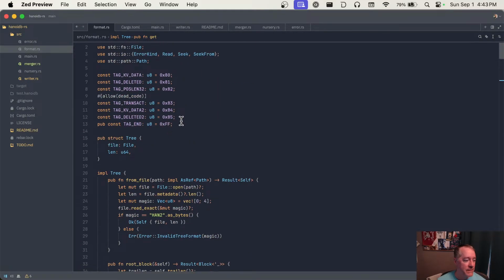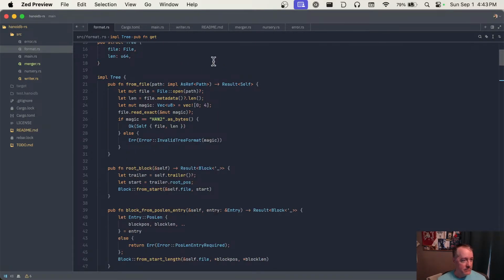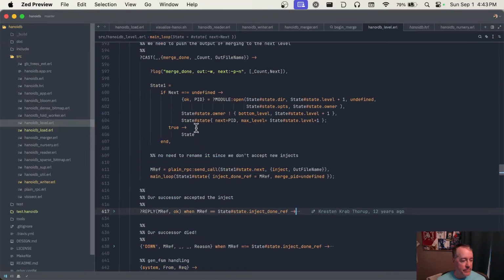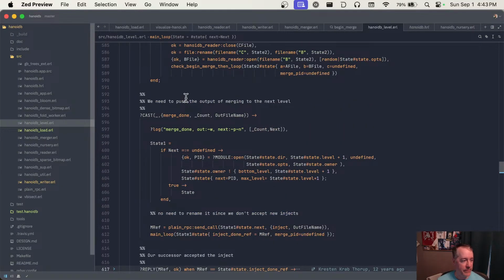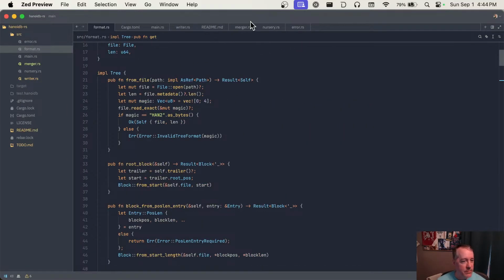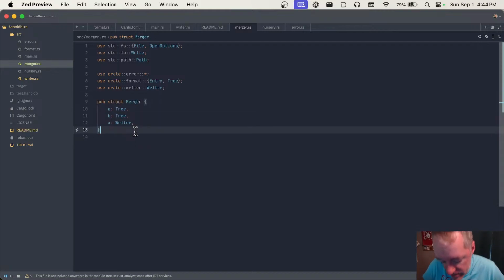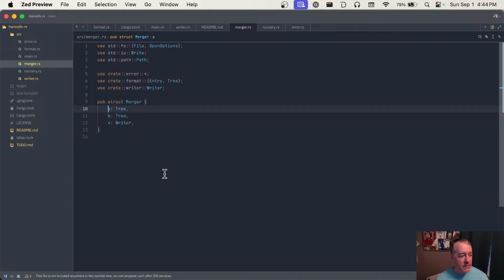Okay, so one thing about... sorry, I'm just getting my head around all of this. We obviously need to do something generic around merging files, and these are just arbitrary. We're going to need some information in here.